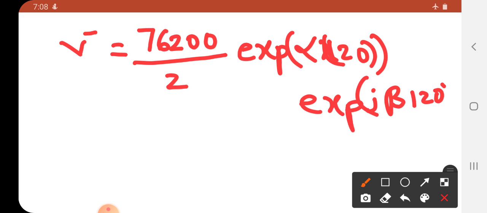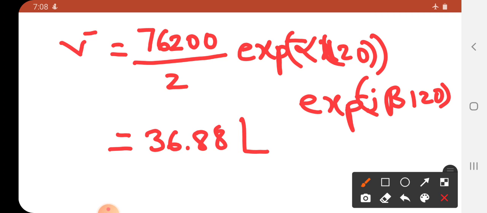You substitute alpha and beta. At last you will get the value as 36.88 at an angle of minus 8.02 kilovolts. V plus is also 39.35 kilovolts, that is kilovolts, not volts.